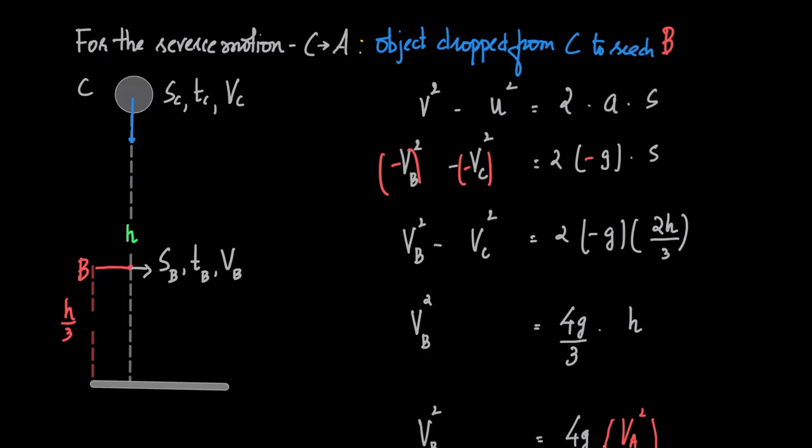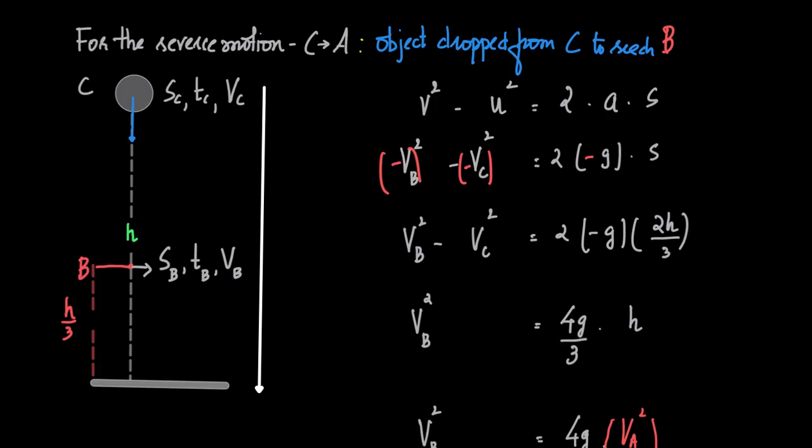And why is it so? Let's see. This is where breaking down these concepts becomes really important. So this complete height here is h. And B is at a height h by 3, but from where?